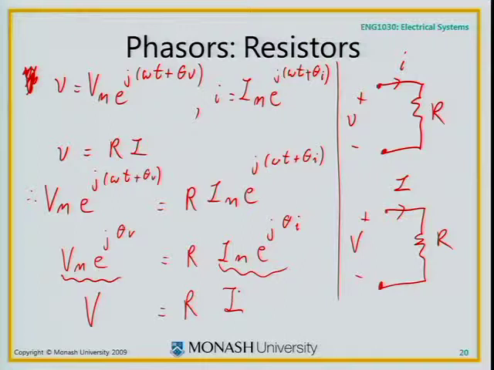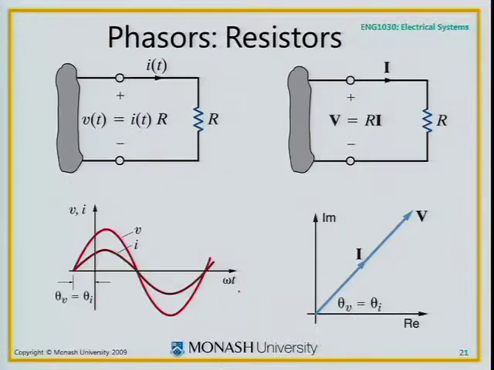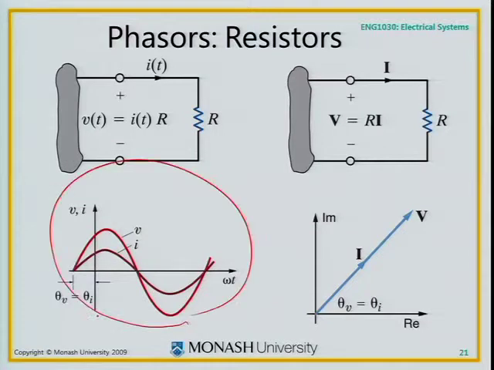Now, if I only had resistors, I don't need all this phasor stuff. That's the point, because V equals Ri. It's because of capacitors and inductors that I need it, but for completeness, this is what we can do. If I put a phasor voltage and I'm only dealing in that domain, V equals Ri. What does that mean? Well, the voltage and the current waveforms are in phase.